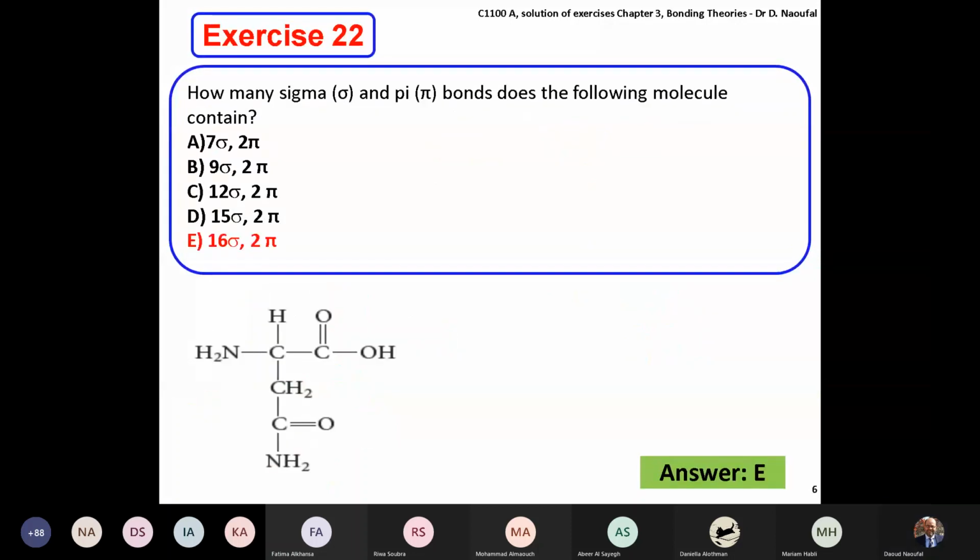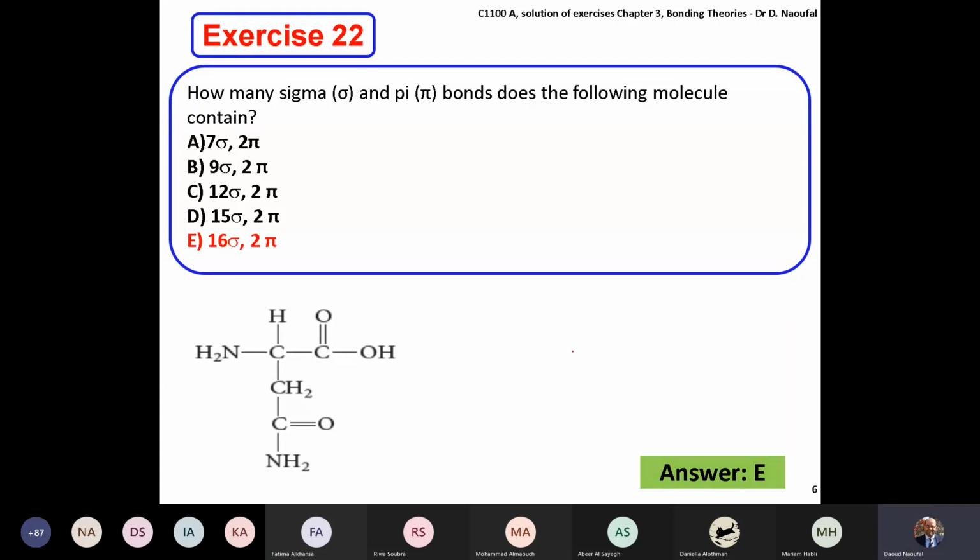Exercise 22. How many sigma and pi bonds does the following molecule contain? Remember that a sigma bond is a bond between orbitals along the axis. A pi bond is a bond which is overlap between orbitals.